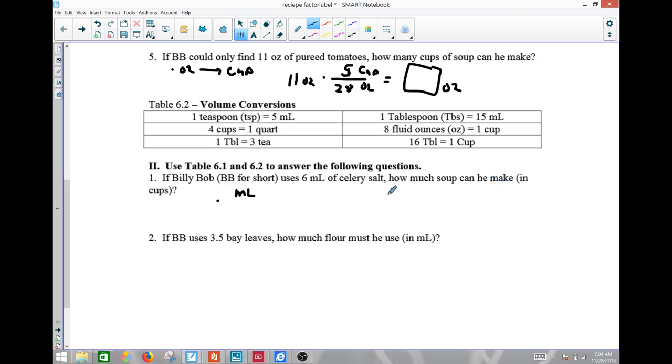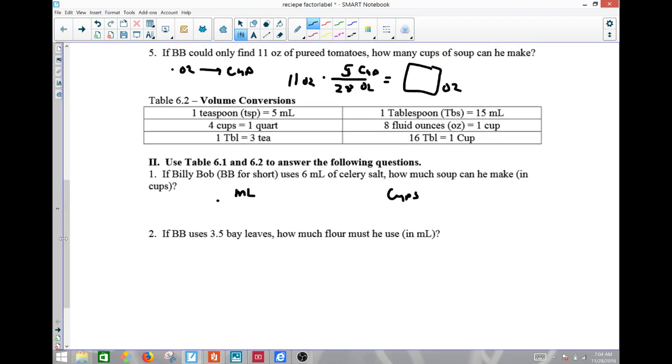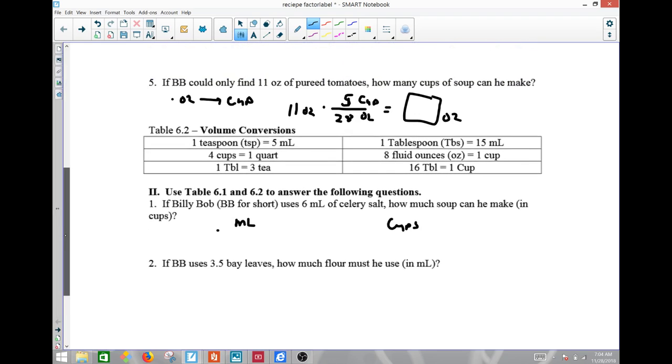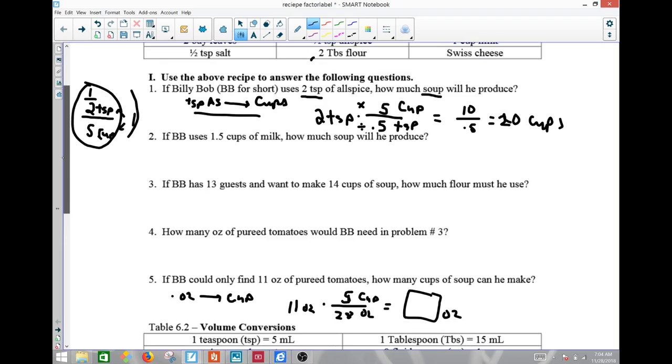All right, and this is the part that takes work. I go and say, okay, well, if I'm using celery salt, and in this situation here, let me get back up here. What is my celery salt recipe?